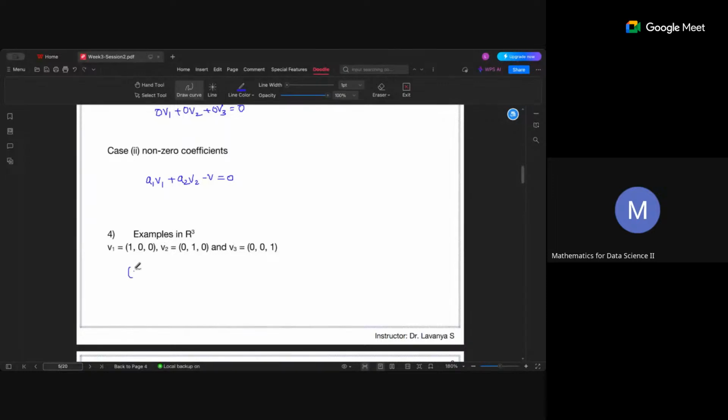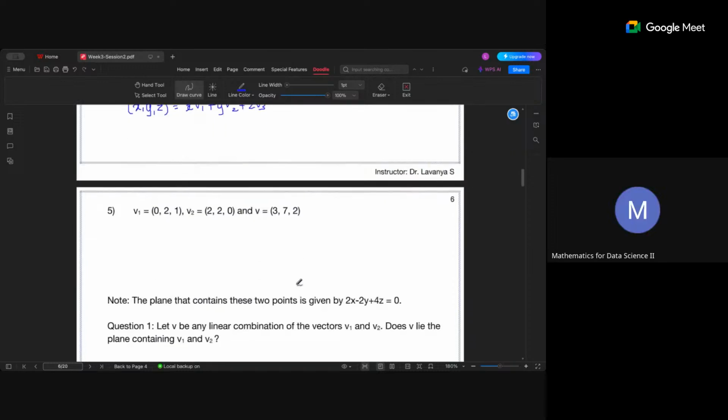Now, any vector in R3, can we write it as a linear combination of V1, V2, V3? The same concept: X V1, Y V2 and Z V3. Is this correct? Fine. Okay. So now you have three vectors here. Whatever we did in R2, the same calculation we have to do here.